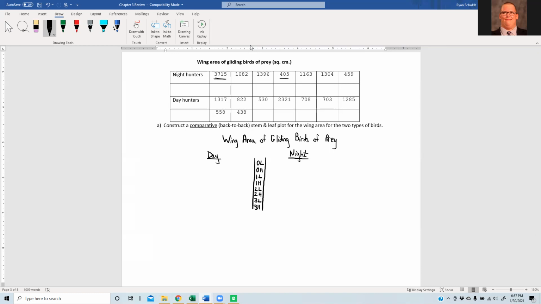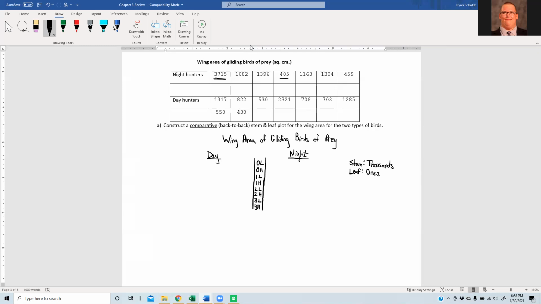And remember, we need our key. So the stem we're using is the thousands. The leaf is really the ones. We can't say hundreds because it's all of them. So the leaf is the ones, how many ones are left.